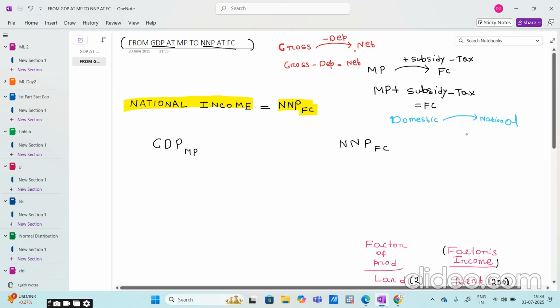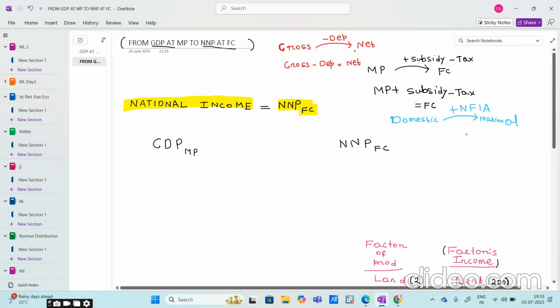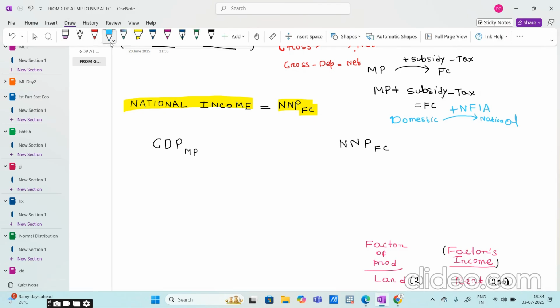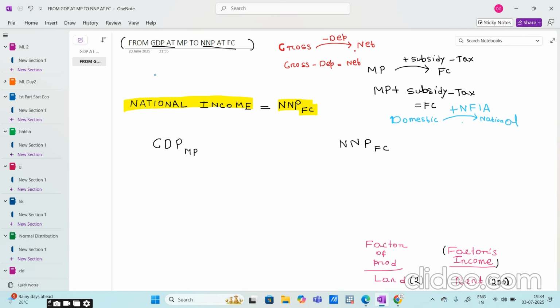For that I will add net factor income from abroad, which I discussed in the previous class. Net factor income from abroad is basically how much amount entered India minus how much amount of money went outside from India.